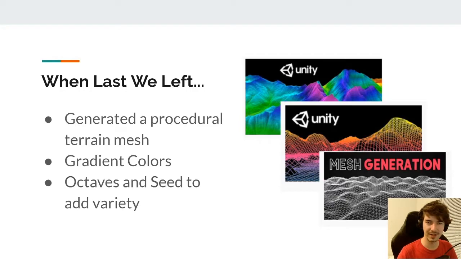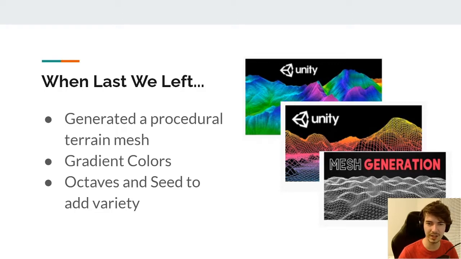So where we left off last, I followed the Brackeys trifecta, and by the end of it, we had a landmass region that we could generate, and then gradient colors that were assigned and changed color based off of the height and position on the landmass.